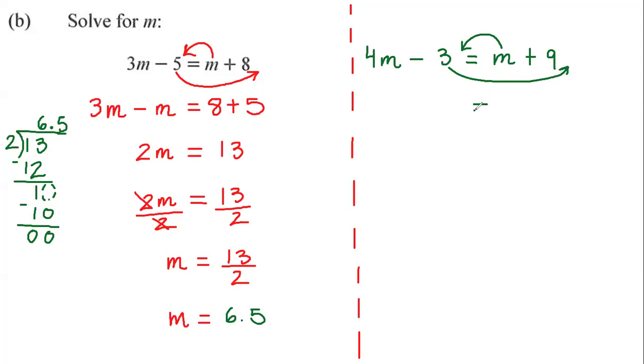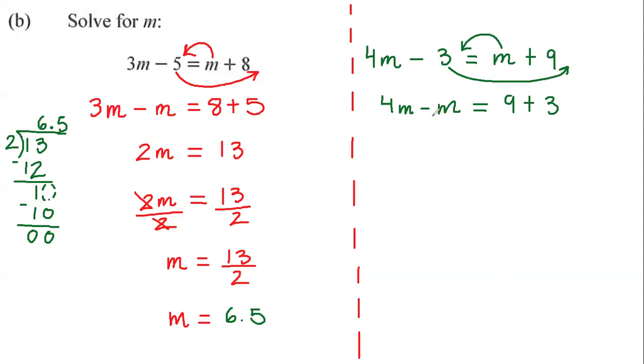So 4M minus M, negative 3 equals 9. So we send the negative 3 over. It was negative. When we send it over, it becomes a what? Positive. So it's going to be 9 plus what? Plus 3. Very good.